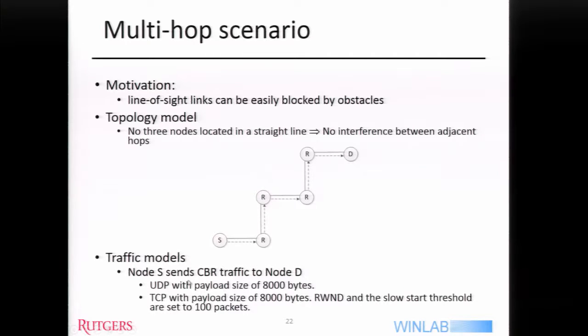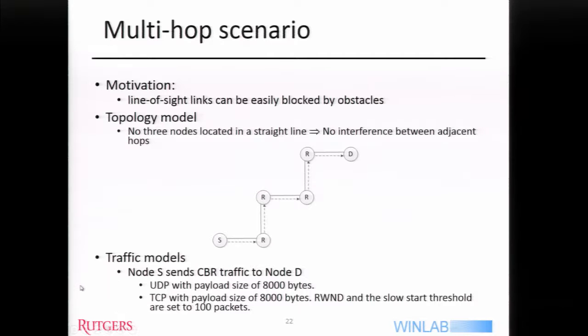The multi-hop is required in 6 GHz because sometimes, if the link between you and me is blocked, we need to find a relay node. Otherwise, the communication is permanently blocked, and that is one big reason, because of the property of the 6 GHz link.